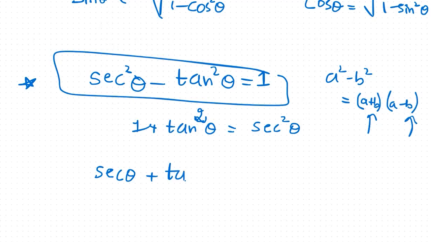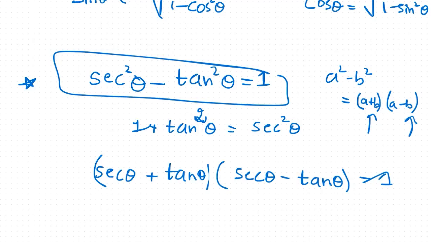So sec theta plus tan theta times sec theta minus tan theta, and this value was 1. So can I write sec theta plus tan theta is equal to 1 upon sec theta minus tan theta?